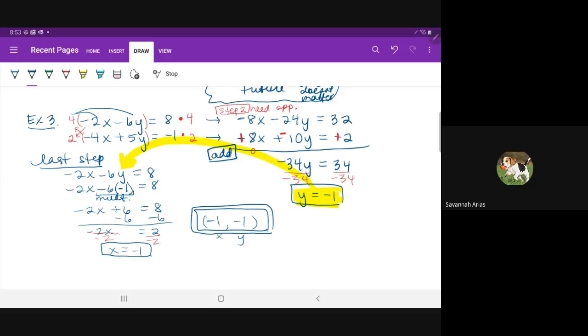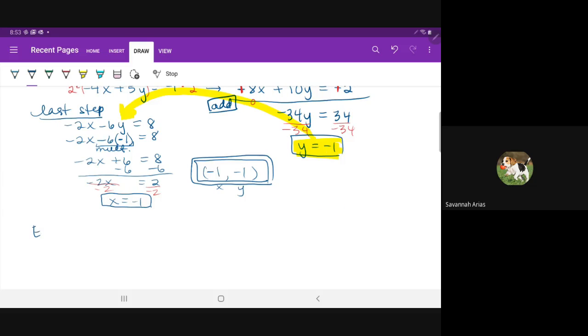Okay, so for example 4, we're going to call it creativity. No, there's too many. Hold on. Creativity. There we go.